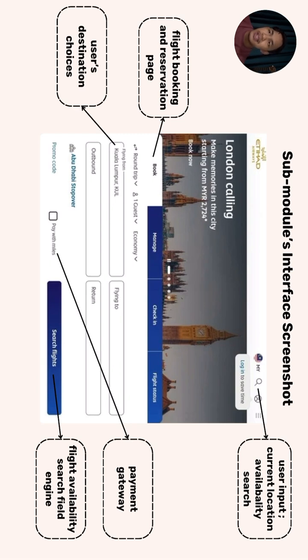So the user can enter their destination choice and search for flight availability to the destination entered. The user can also choose their payment gateway.